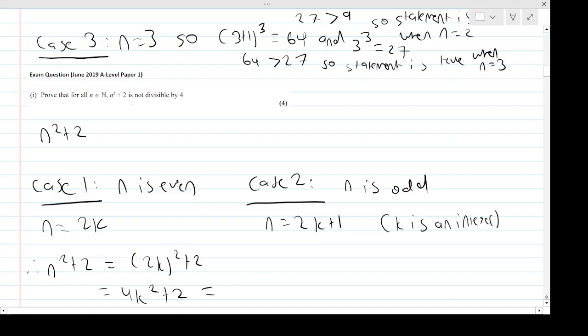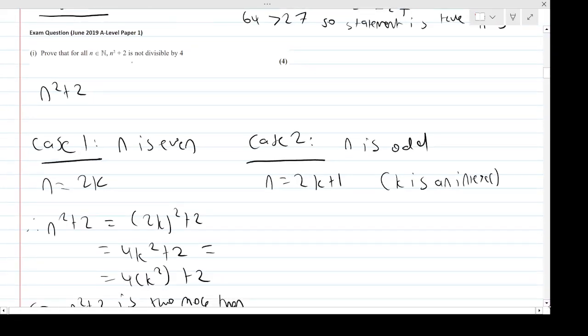But they're slightly lenient with that, I know what you mean. But anyway, n can be written in this form because it's odd, so our expression n squared plus 2, if I substitute n in literally like this, we get 2k add 1 all squared plus 2.